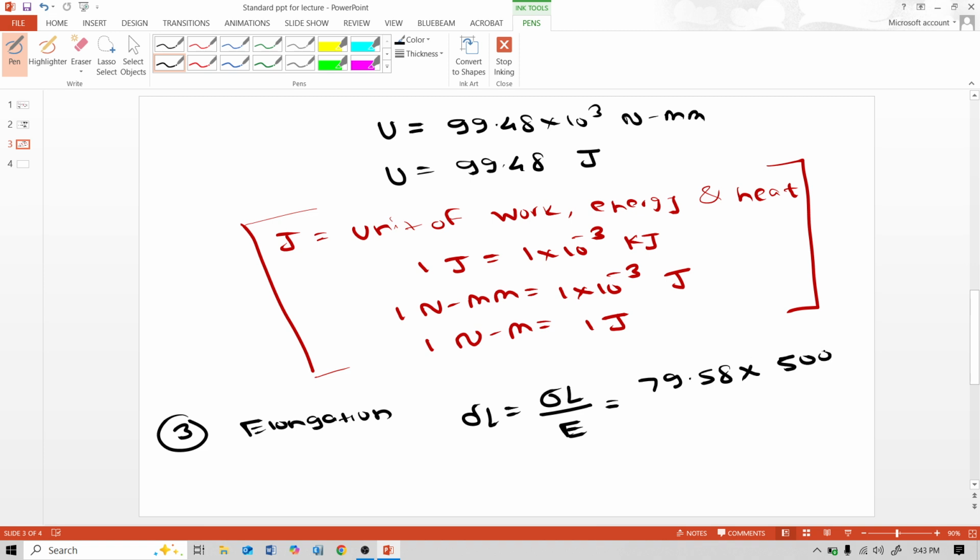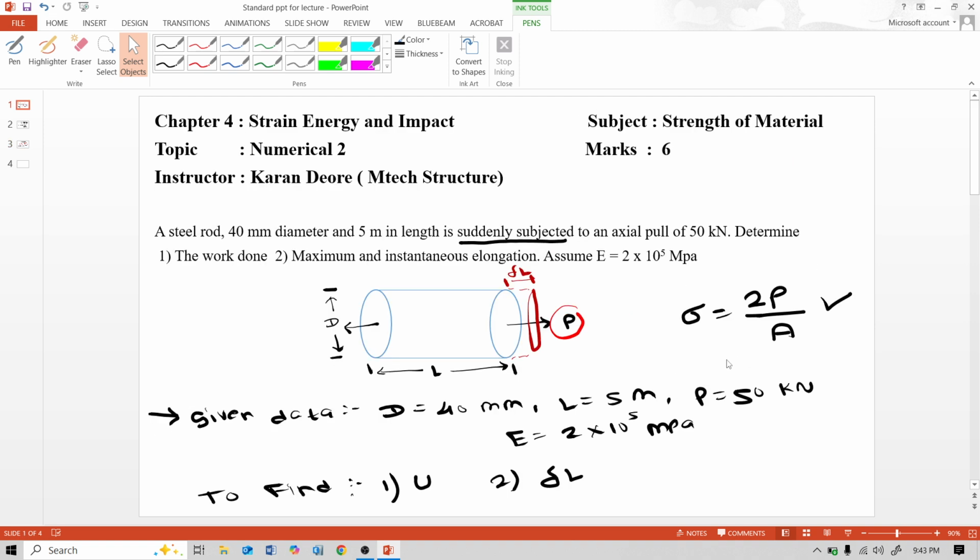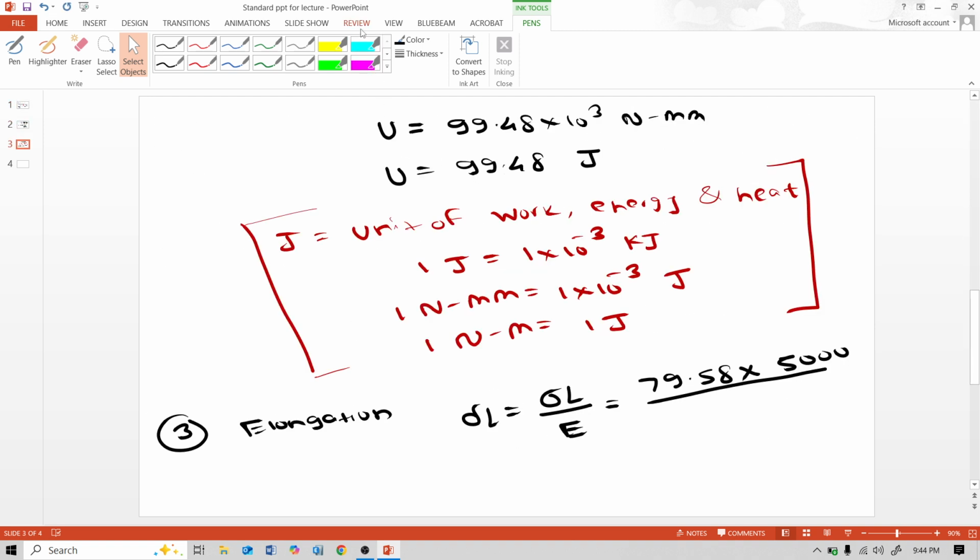Length is 5000, and E is 2 into 10 raised to 5. So 79.58 into 5000 divided by 2 into 10 raised to 5 is 1.9895, that means 1.98 mm, approximately equal to 2 mm.